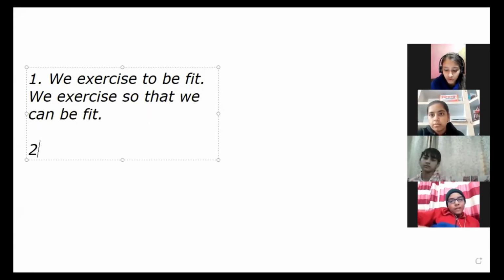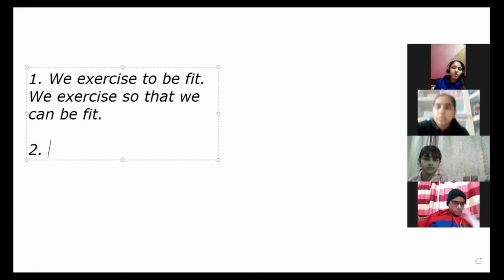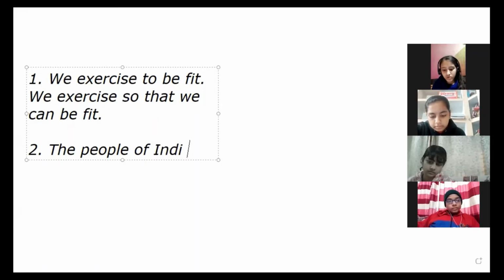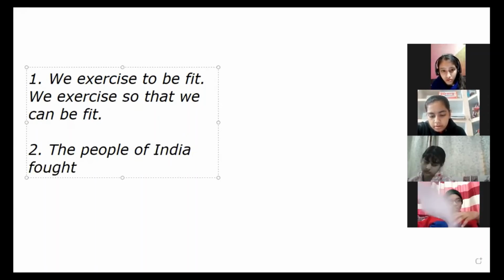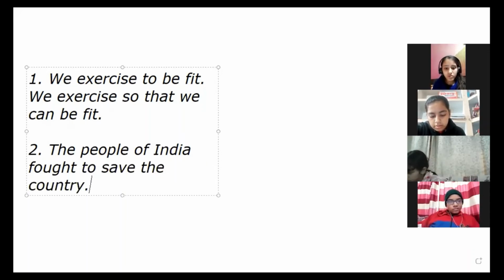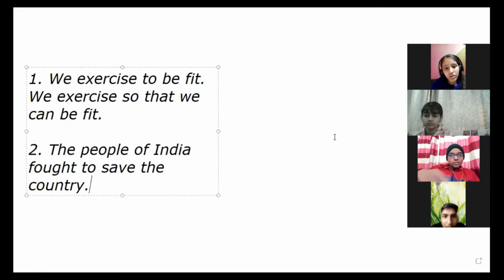Okay. Next sentence is, the people of India fought to save the country. For this, you have to change it into compound sentence.